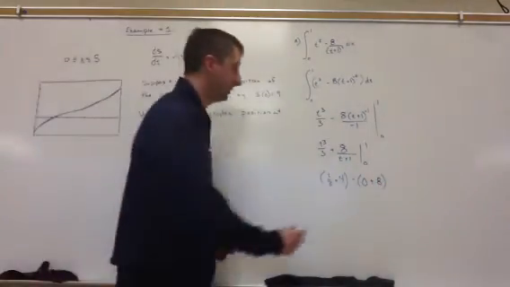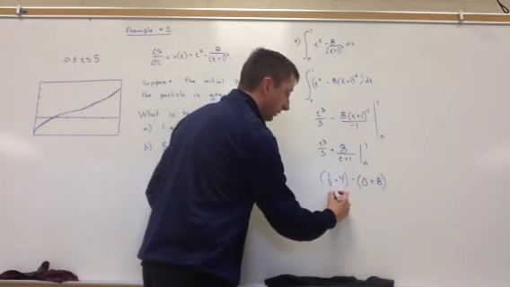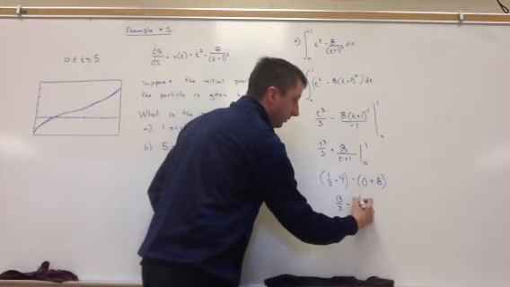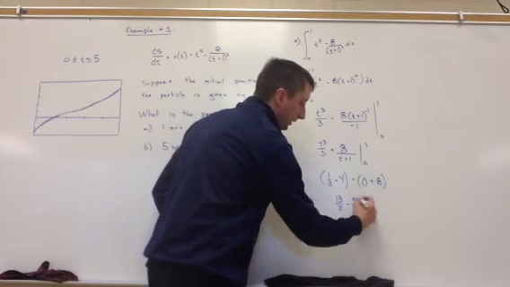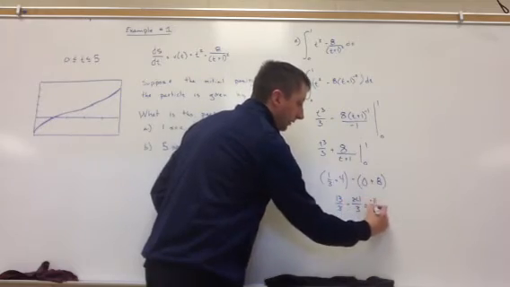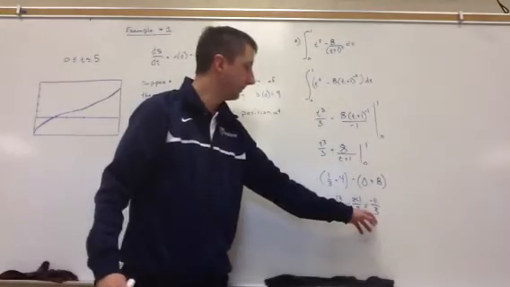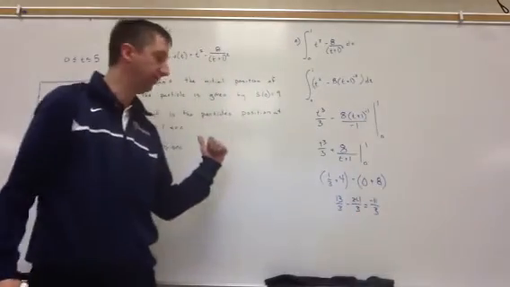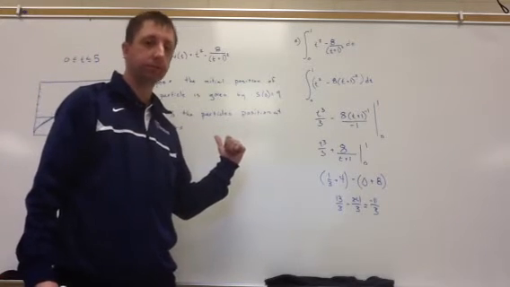So that's 13/3 minus 24/3, which is going to be negative 11/3. So that means after 1 second, this particle has gone left, negative 11/3 units.